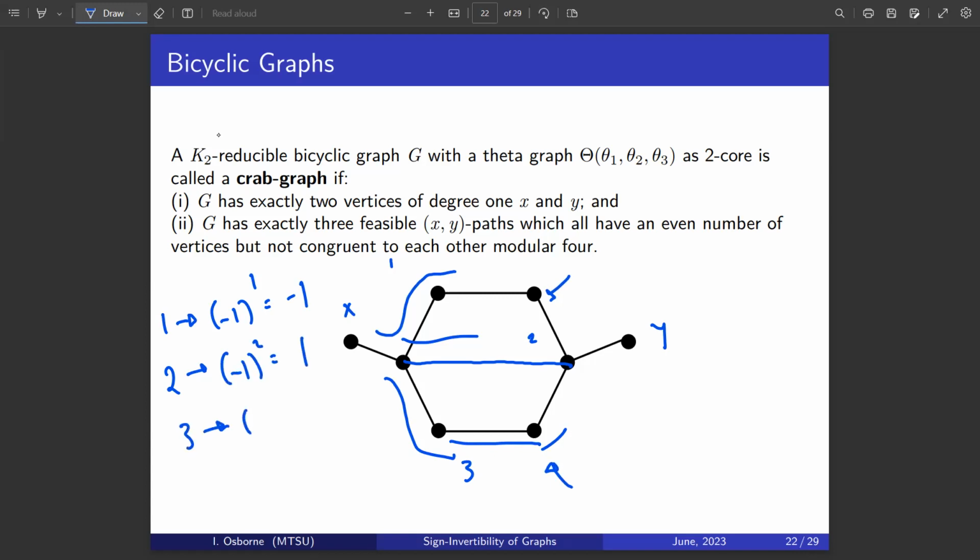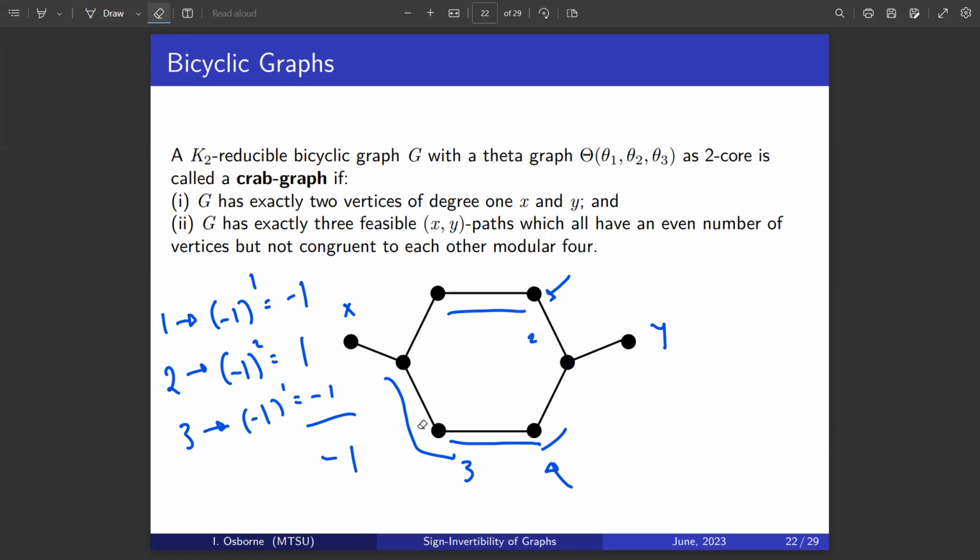Path 3, because we're coming down here, we isolate this set up here. It's -1. So when you add them together, you get -1 for this entry. And so it works in this particular case.